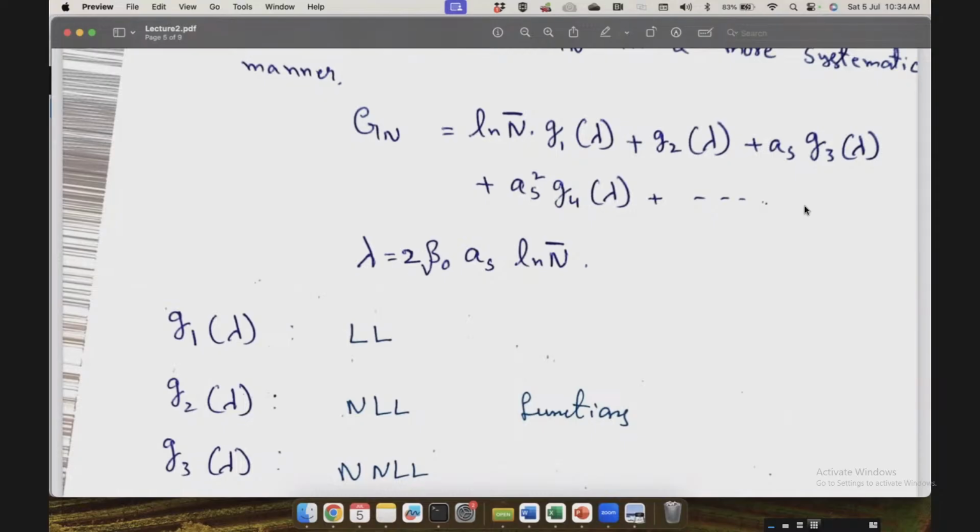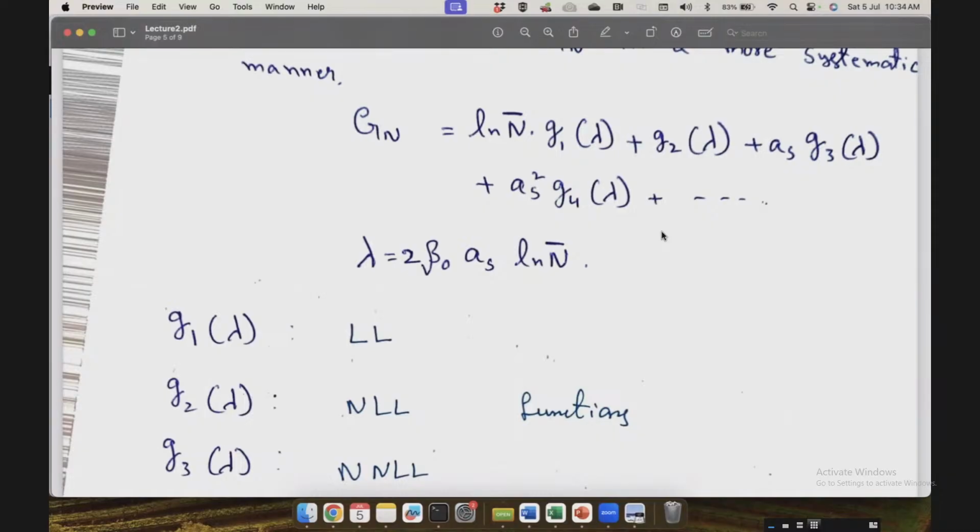Then you can clearly say that if I take only the first term, I'm taking only the leading logarithms. The entire idea of organizing in this particular fashion is just to obtain the leading logarithms. If you organize in a different way, maybe you are randomly picking up logarithms at different orders, different powers. But if I organize in this way, it is ensured.